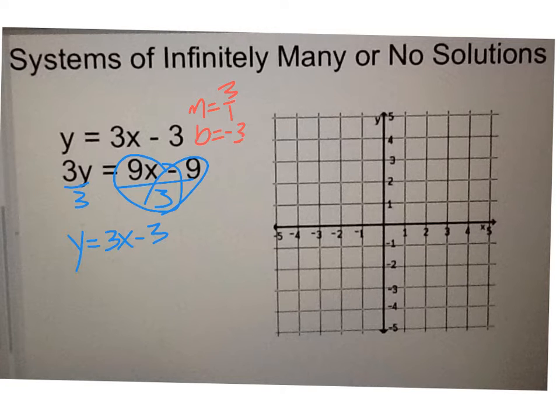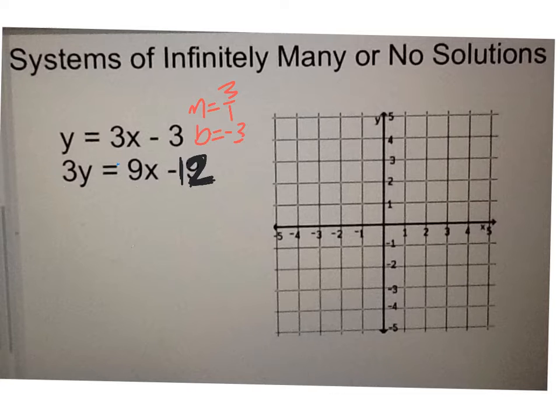Let's say that this equation here was not 3y equals 9x minus 9. Let's say instead that it was 9x minus, let's say 12, because I want you to see both types.